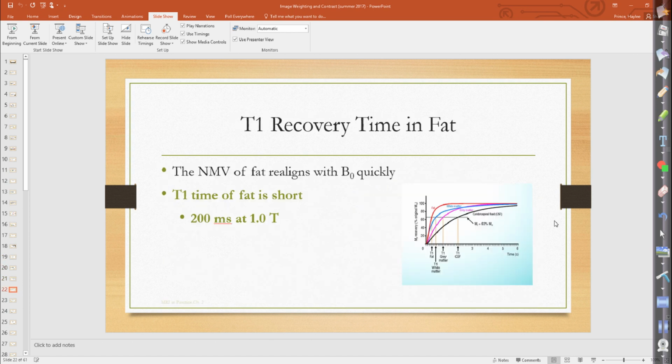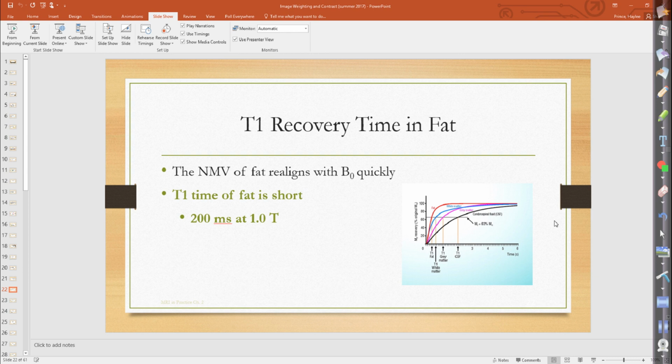So then here, I'm going to give you the actual times that they recover. So in T1 recovery of fat, the net magnetic vector of fat realigns with V sub 0 quickly. So the T1 time of fat is short. You need to know these for when you take the registry, but also when you're in clinic, when you're typing in T1 values for certain things.